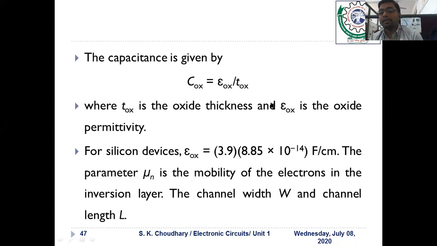Can anyone tell me the formula of the oxide permittivity? Epsilon ox is equal to epsilon naught into epsilon r. Why has this value come as 3.9 into 8.85 into 10 to the power minus 14?